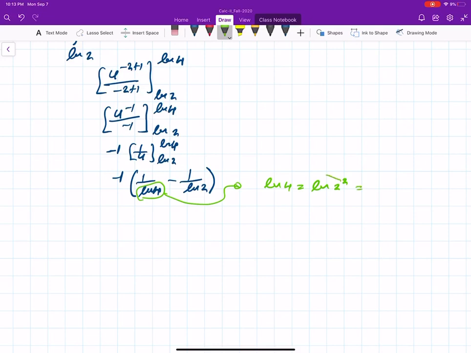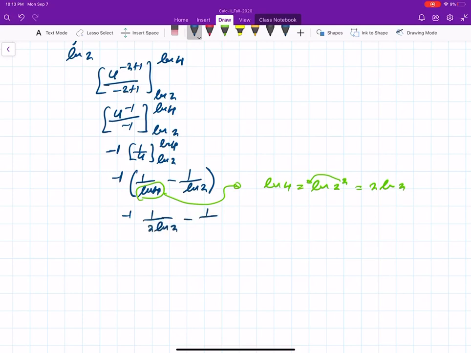And then you can get this power in front. So you can write 2 times ln 2. For ln 4, you can write 2 times ln 2. With minus 1, 1 over 2 times ln 2. And here you have 1 over ln 2.